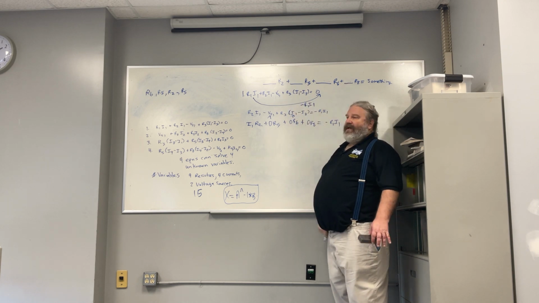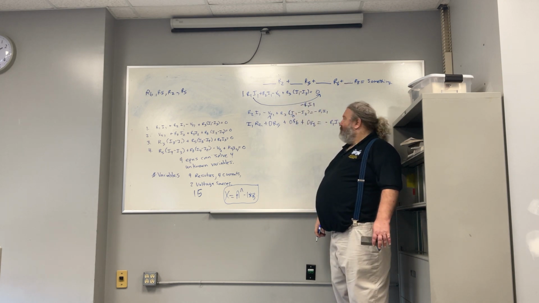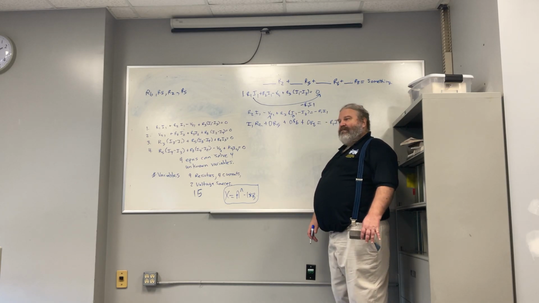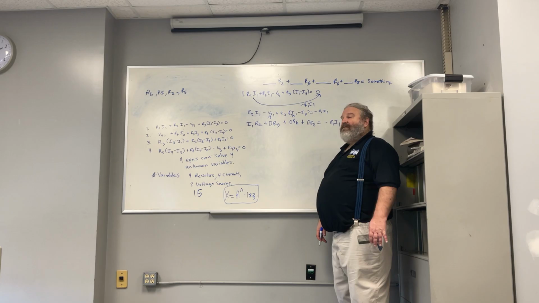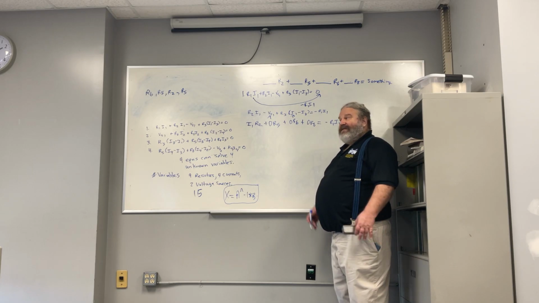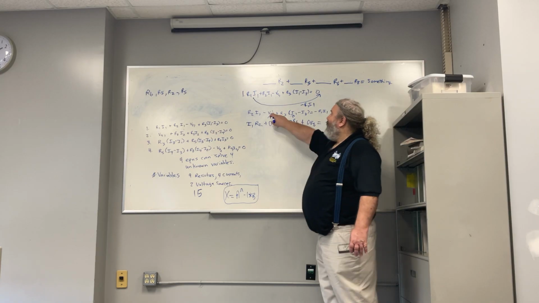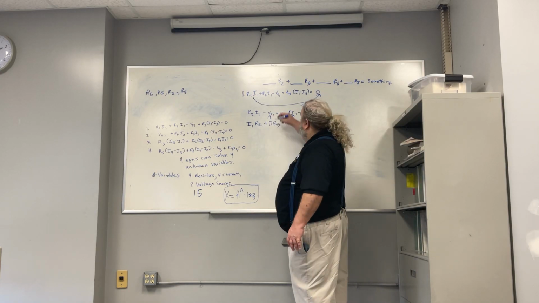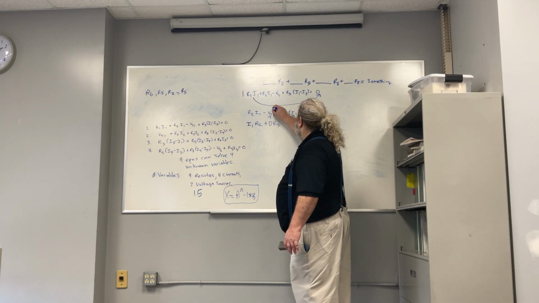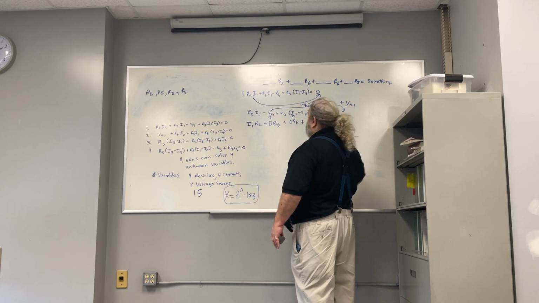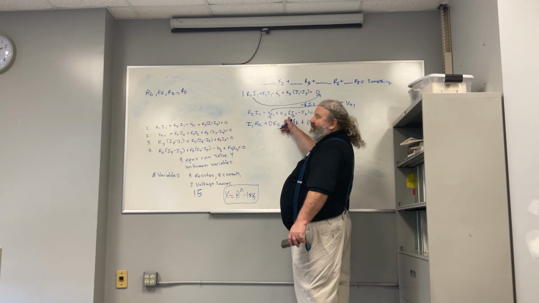So what do I need to do with it? If it's known, it needs to go to what side? Right side, because the right side is my answer. So how do I get it from here to there? Add it to both sides. Okay, so this needs to go.